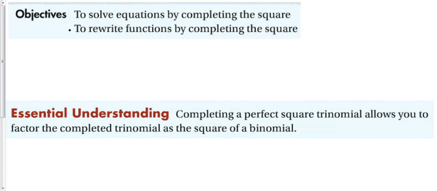into vertex form. Okay, our essential understanding is that completing a perfect square trinomial allows you to factor the completed trinomial as the square of a binomial. So what does that mean?